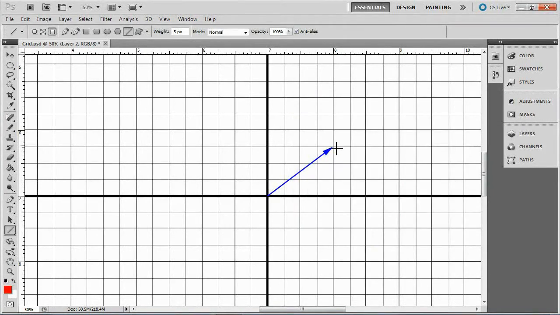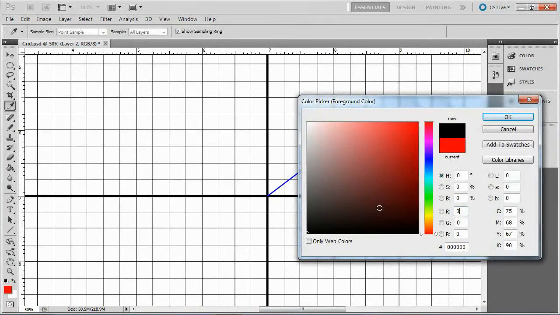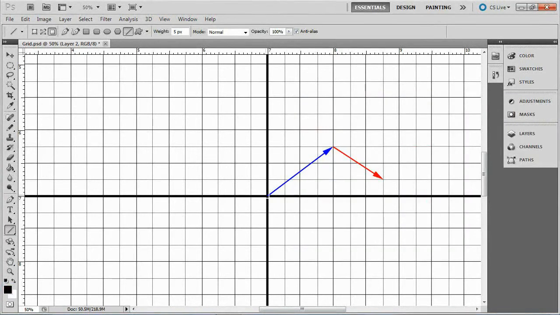And then we're going to start at the tip of the last vector, and I'm going to go 3 over and 2 down. And the resultant vector is going to be from the origin to the tip of that last vector.